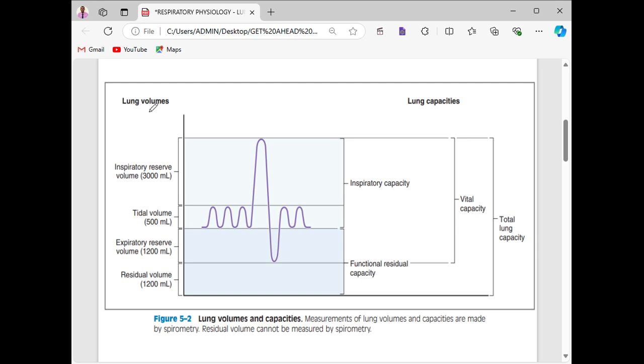So these are the lung volumes, and now we have the lung capacities.